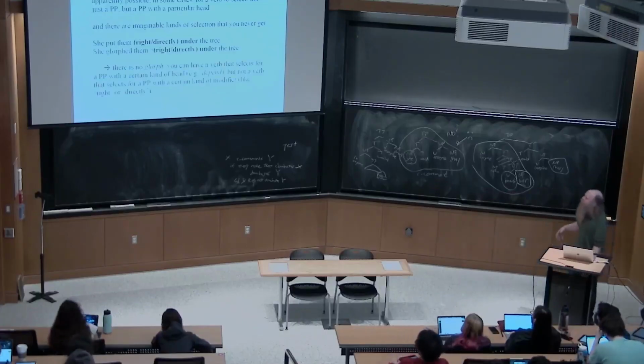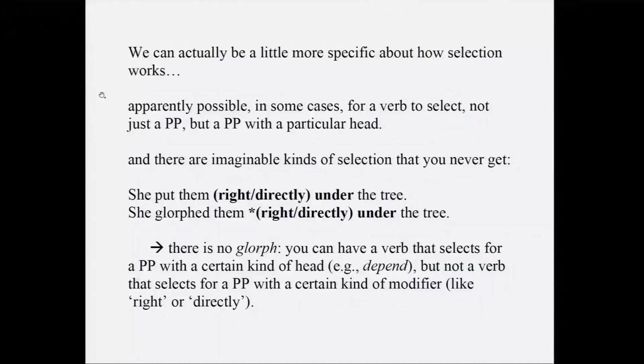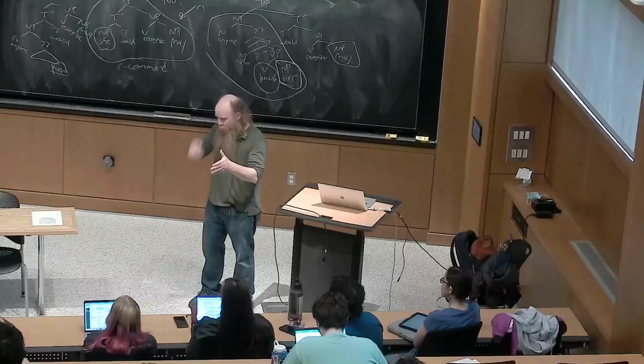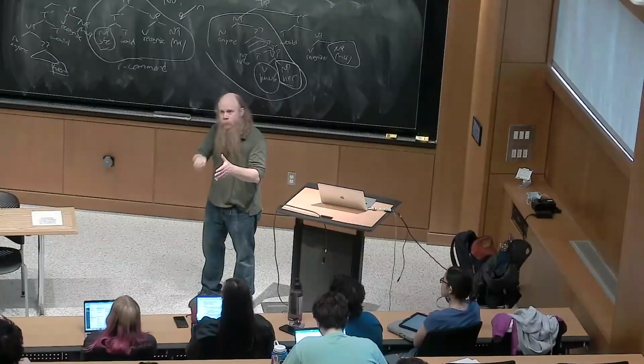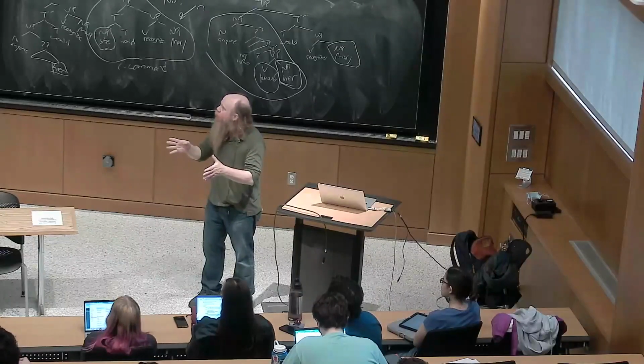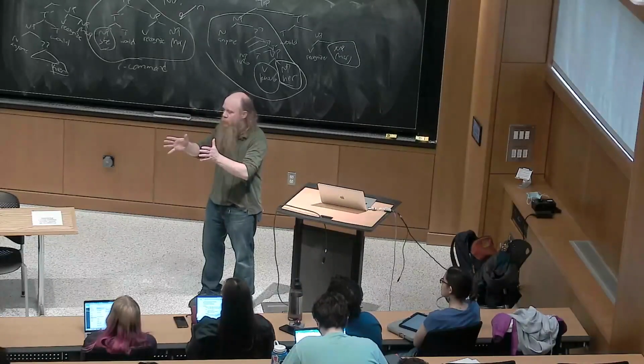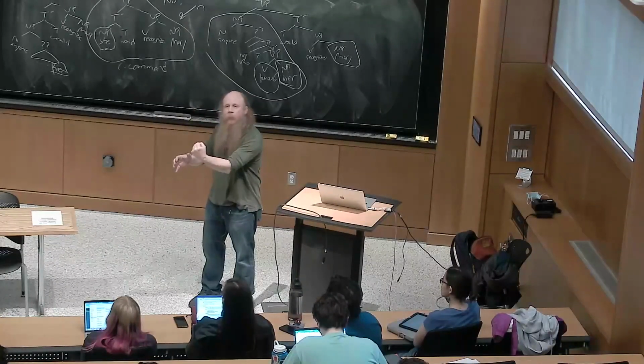But we're never going to find a verb that selects for a prepositional phrase. There are verbs like depend that select for a prepositional phrase where the preposition has to be something; depend needs on. We're never going to find a verb that selects for a prepositional phrase and needs it to be modified by a certain kind of modifier.